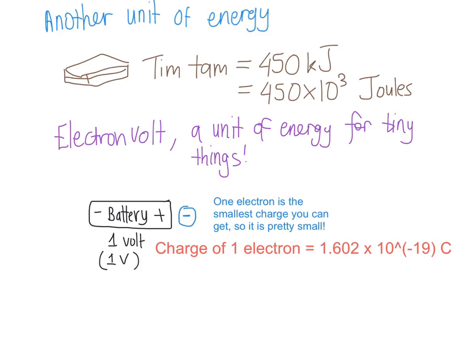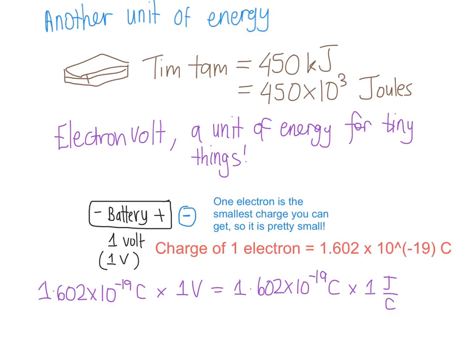And simply, the energy of 1 electron volt is that energy of 1 electron, 1 charge, going through that 1 volt battery. So it's the charge on the electron multiplied by 1 for 1 volt. Just to make it a bit clearer, a volt is defined as joules per coulomb. So we can rewrite the capital V as capital J divided by capital C. And then you can see that we've got a C on the top, a C on the bottom.